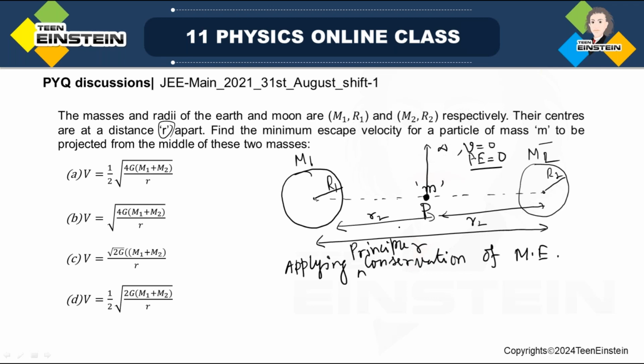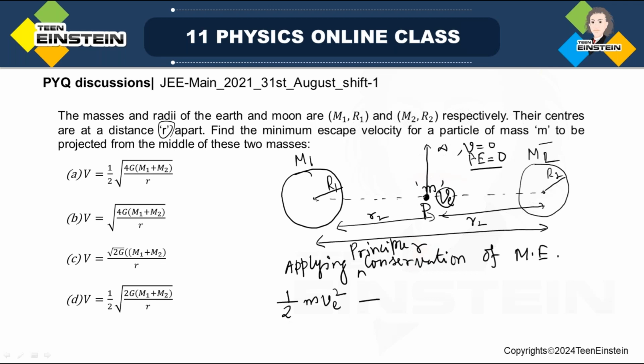Initially at this point, what will be the potential energy and what will be the kinetic energy? Let me give escape velocity v e. The kinetic energy will be half m v square. Gravitational potential energy will always be negative. Potential energy is the energy due to attraction or interaction.